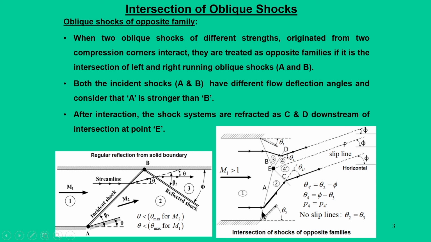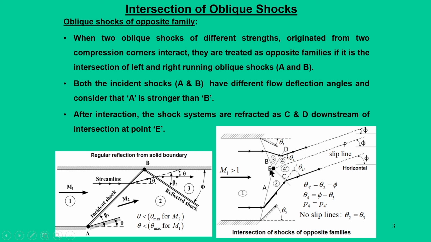For the theta 2 compression corner, the oblique shock is denoted as A, and for the theta 3 compression corner, the oblique shock is denoted by B. Here both are incident shocks and they meet at a point E, and in fact both shocks A and B correspond to the same free stream Mach number M1.